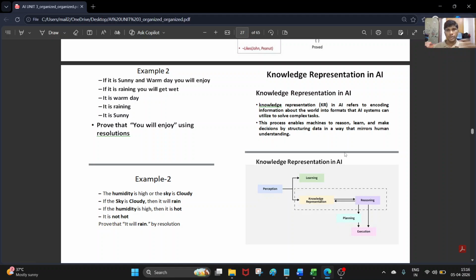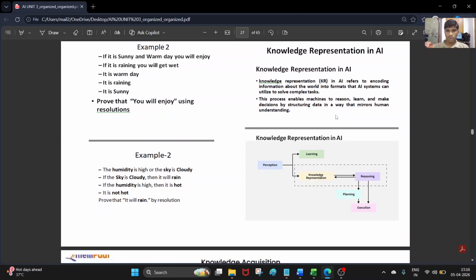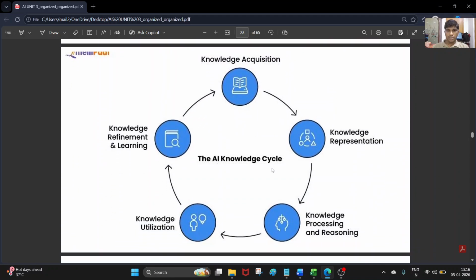The next topic in unit 3 is knowledge representation in AI. Knowledge representation in AI refers to encoding information about the world in a format the AI system can utilize to solve complex problems. So this is the knowledge representation cycle. First, the machine will acquire knowledge, the knowledge acquisition phase.